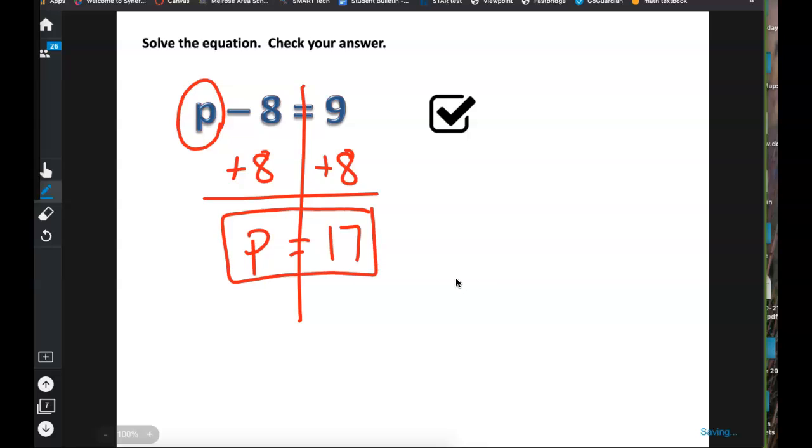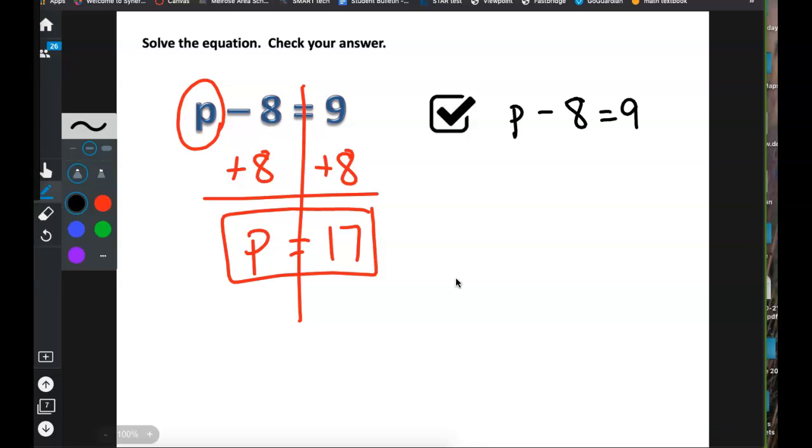Okay? Your answer is that entire thing, p equals 17. You can't just have the number 17, you have to have the whole thing. Okay. Then we're going to go back and check it to make sure we did it correctly. P minus 8 equals 9, so I'm recopying the problem. Okay, and I'm going to cross off the p and put 17 there.